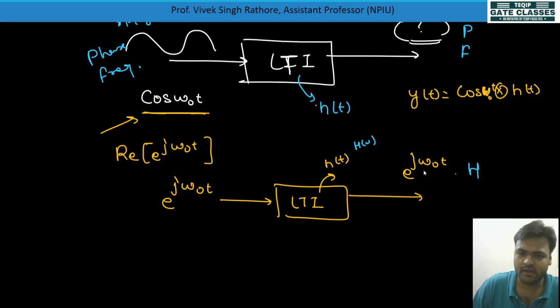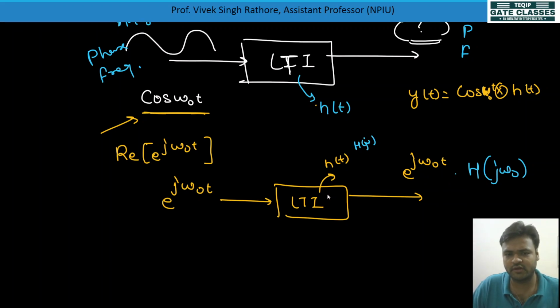Let's suppose this is h of j omega, so h of j omega naught will come. Ultimately, h of t, its frequency transform, will be h of j omega. So now what will happen? Just the frequency of the input takes its place.